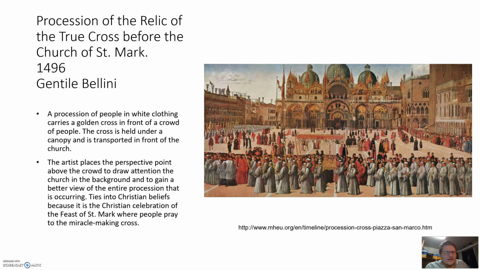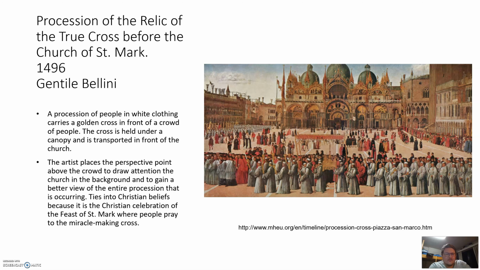With the artist placing us above the crowd, we are able to see the entire procession occurring. Rather than just see this portion of it, we are able to see how many people have gathered, what the scene is like, where they're gathering, and what the significance of it is. Obviously, with a church that ornate and that grand, it has to be home to something very important, and the artist makes that very well known by the positioning, because our eyes are automatically drawn to it.